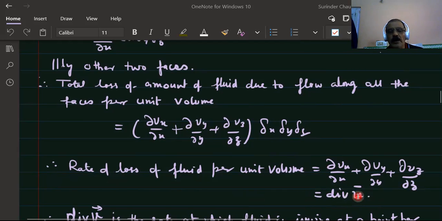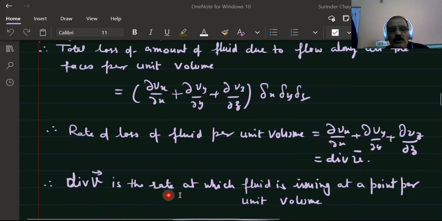That we will get from the velocity of the fluid: the partial of the component of velocity along the x-axis with respect to x, plus the partial derivative of the component of velocity along the y-axis with respect to y, plus the partial derivative of the component of velocity along the z-axis with respect to z. Same definition of a vector.